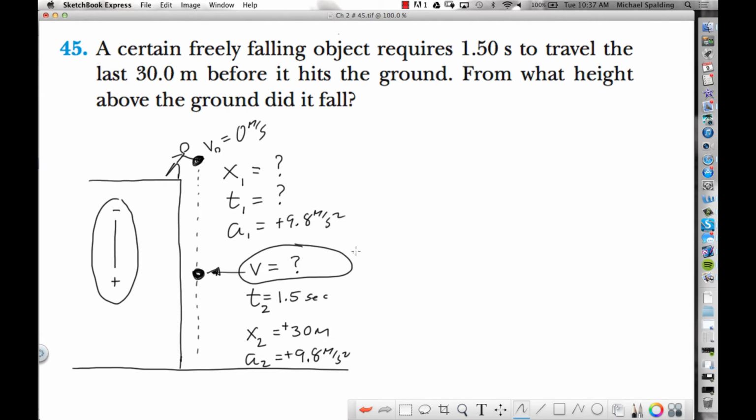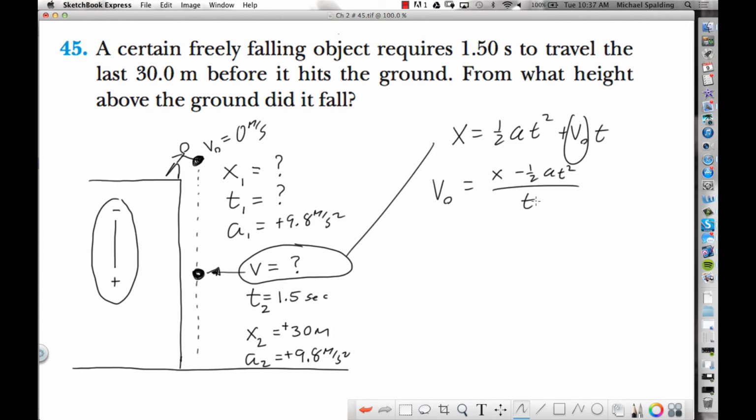To figure out this velocity, I went x equals 1/2 a t squared plus v initial t. If you look at this, we have everything except v initial, the v initial for the second part. So doing the algebra, v initial is going to be (x minus 1/2 a t squared) over t. The x is 30.